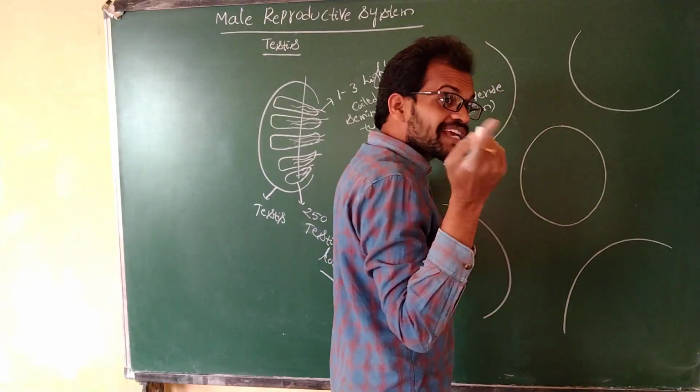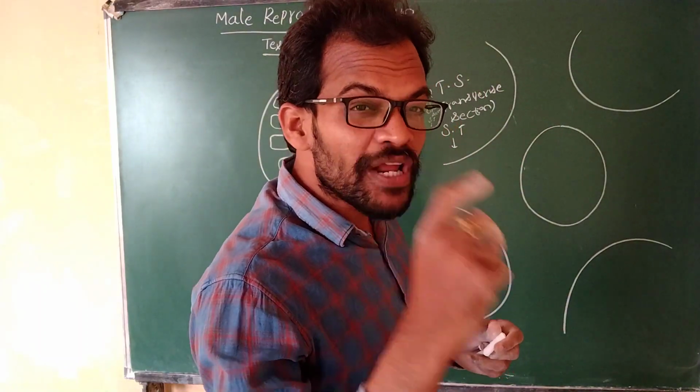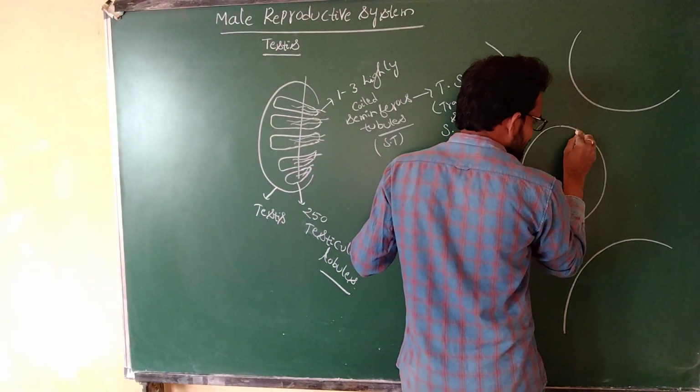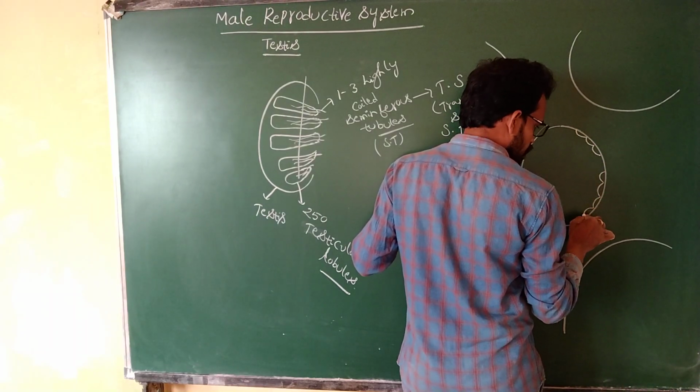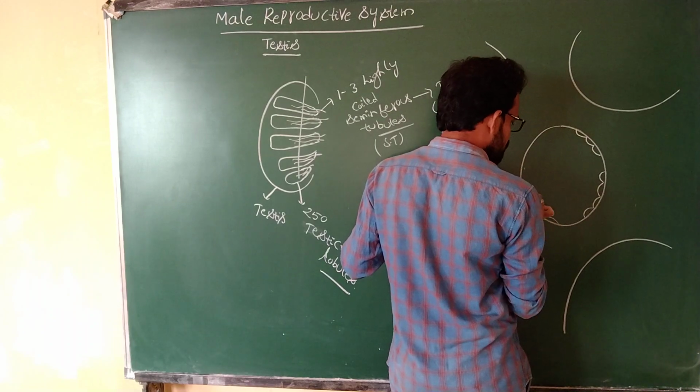The inner lining of the seminiferous tubules consists of two types of cells.